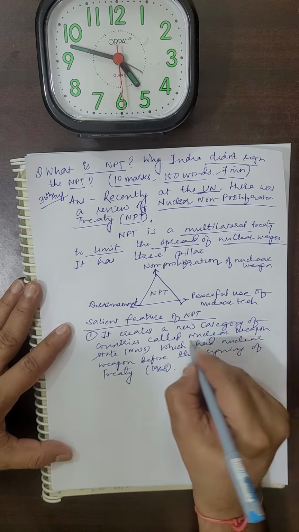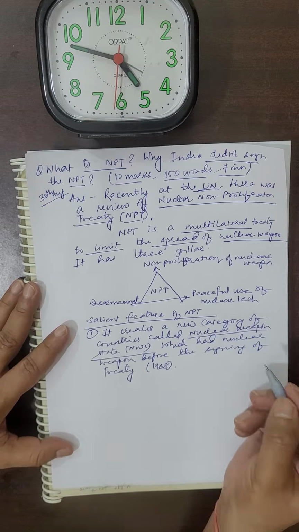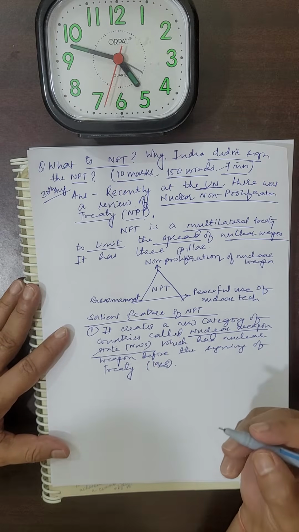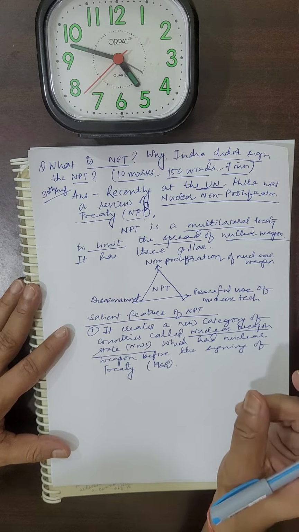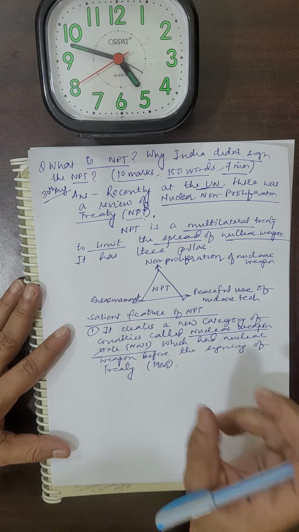You can underline this NWS, nuclear weapon states. So the first salient feature is that it creates a category of nations called nuclear weapon states which already had nuclear weapons before signing the treaty.